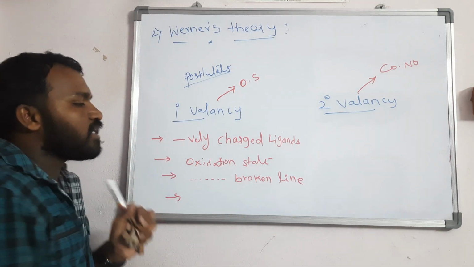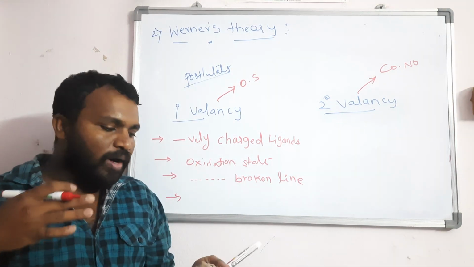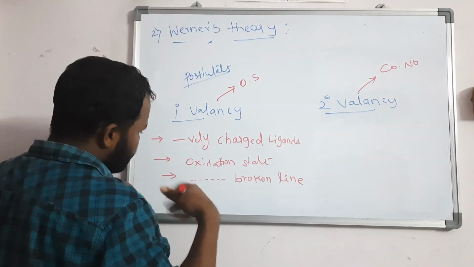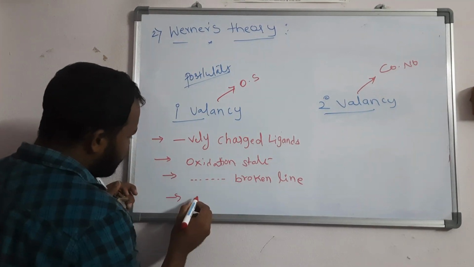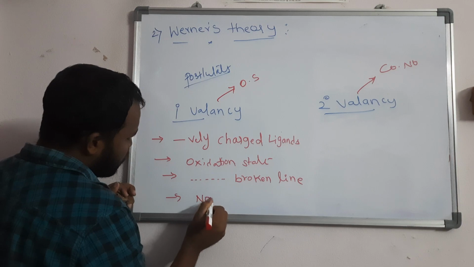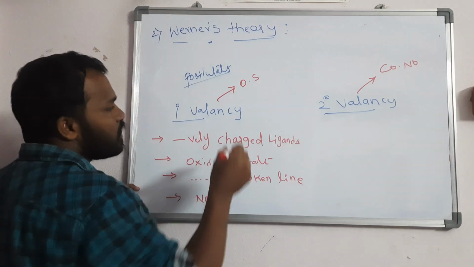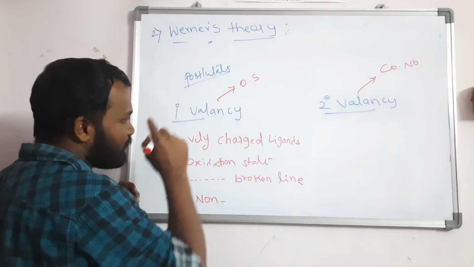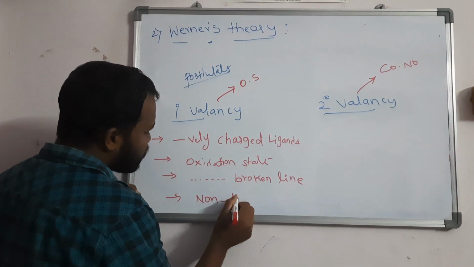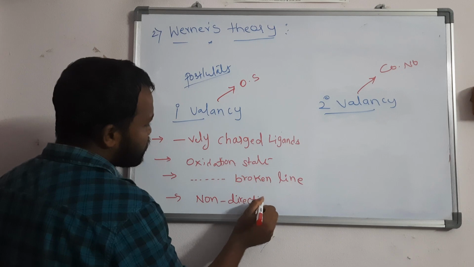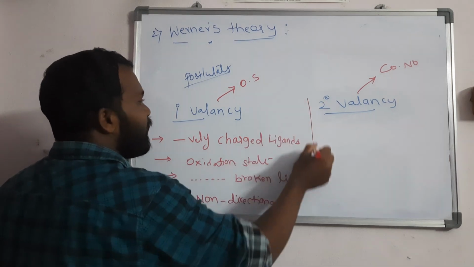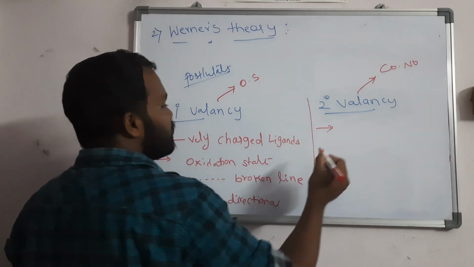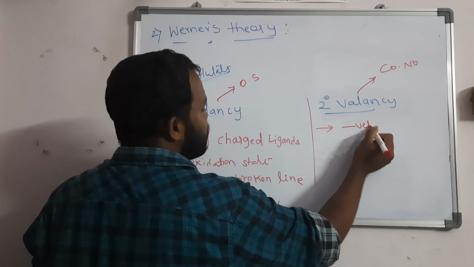The negatively charged ions bond to the metal in different directions, so that is called a non-directional approach. The approach of negatively charged ligands to the metal in the primary valency is non-directional.